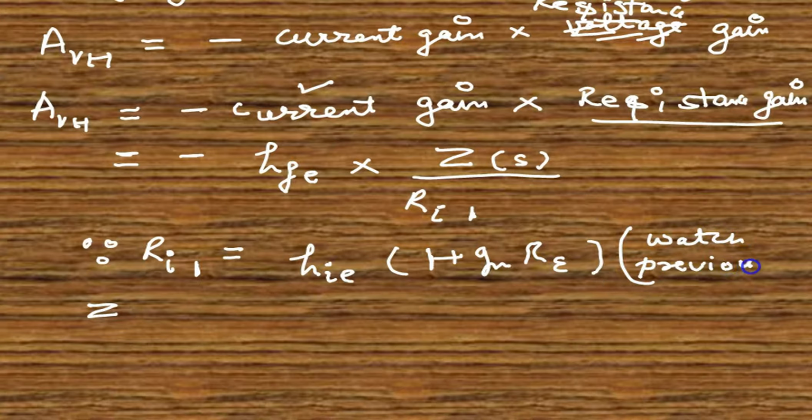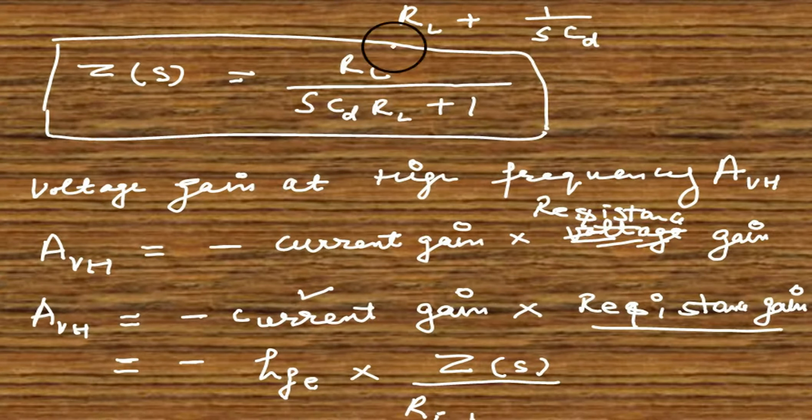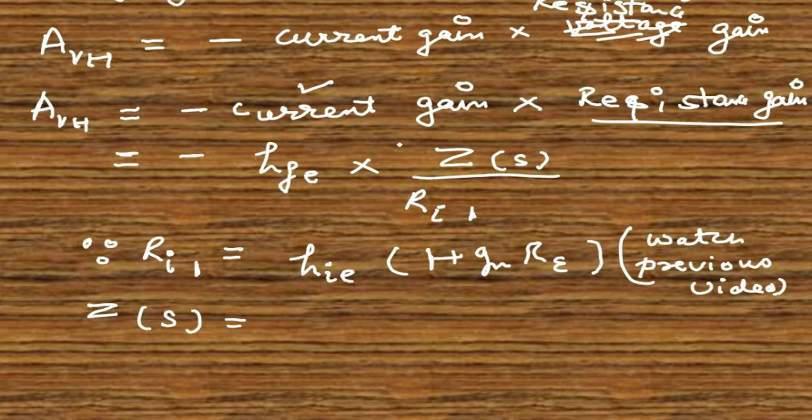What is Ri1? Ri1 is hie into 1 plus gm into Re. Now Zs we already calculated above.